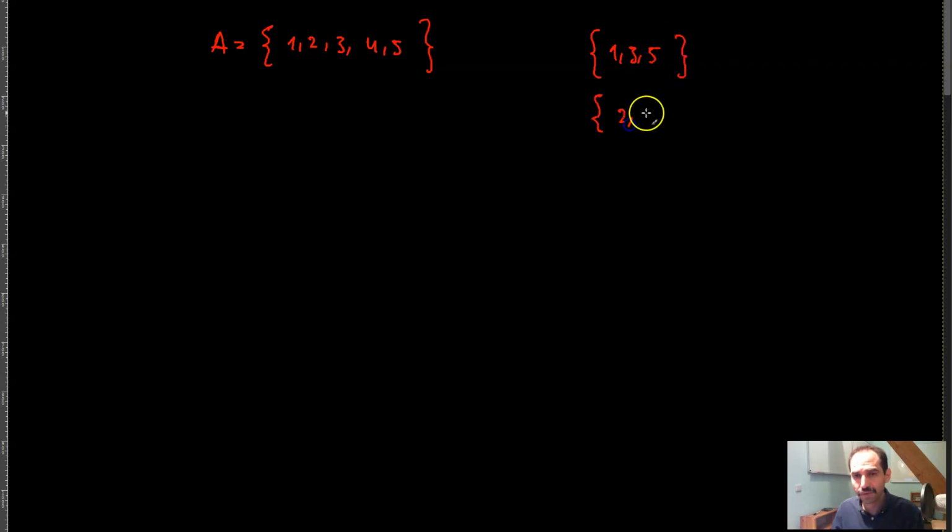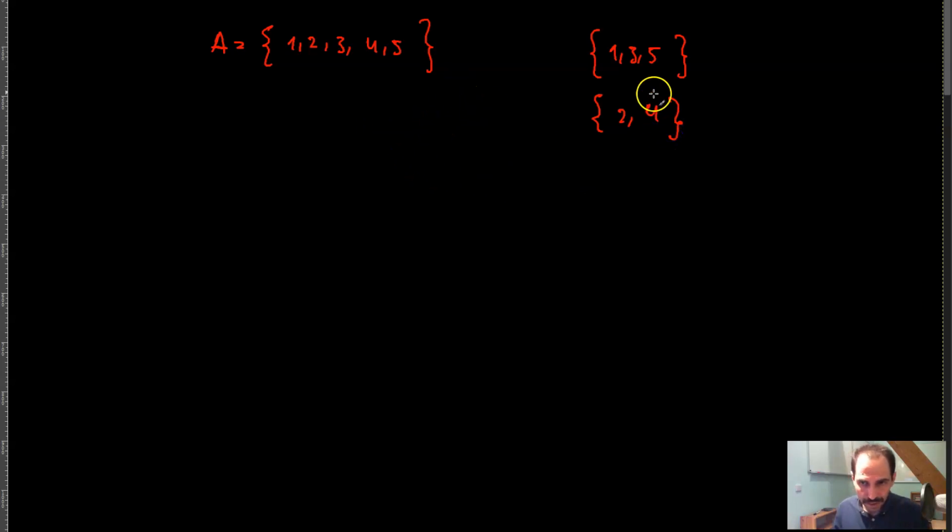Okay, so now what we had here was a set A, which was equal to {1, 2, 3, 4, 5}, and we had two partitions or subdivisions of the same set, which are {1, 3, 5} and {2, 4}, right?